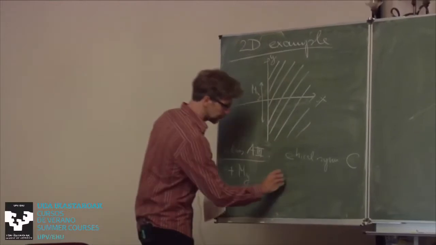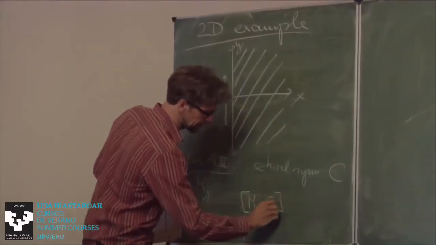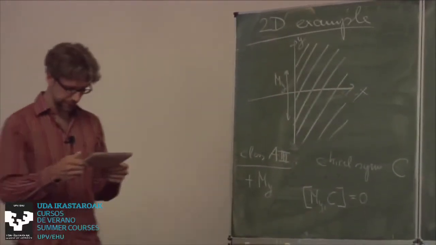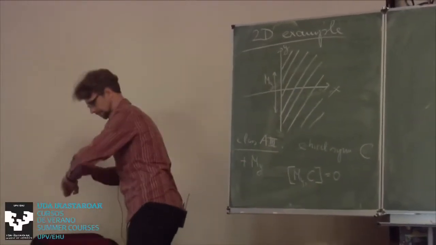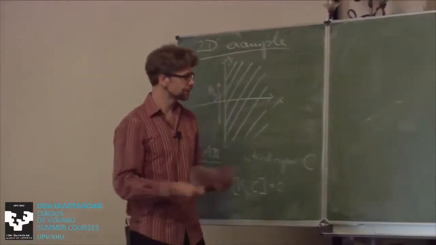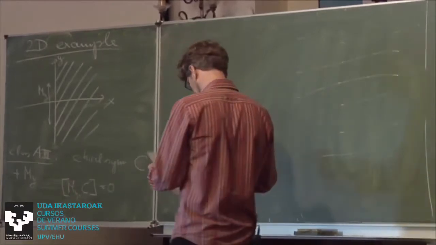And what we need is that the mirror symmetry my commutes with this chiral symmetry C in this case. To show you explicitly that that is true, I'll just write down a Hamiltonian and we can check things.